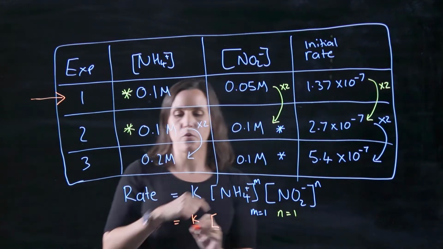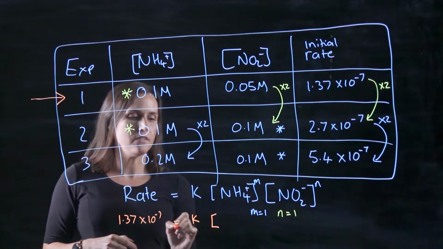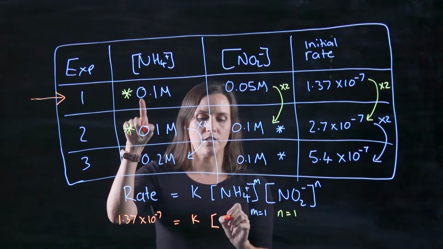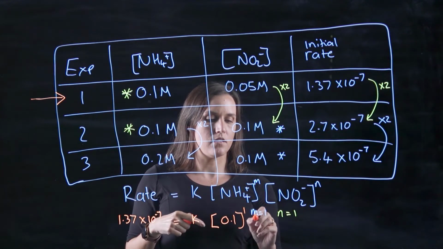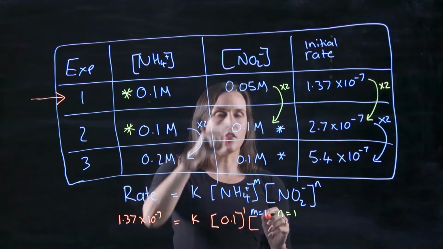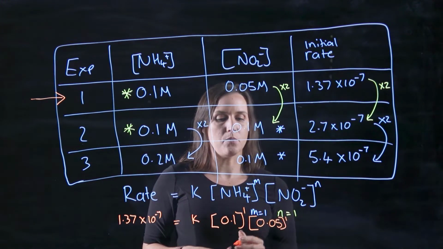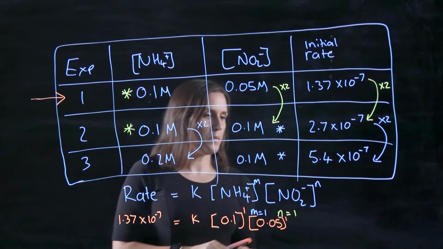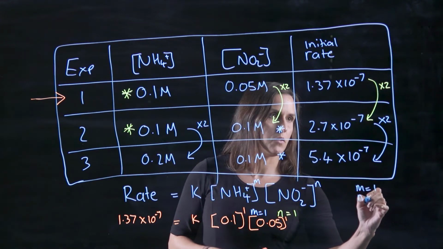The rate is 1.37 times 10 to the minus 7. The concentration of NH4 is 0.1, and the order is first. And then the concentration NO2 minus is 0.05 to the power of 1 because it's first order. So let me write the M equals 1, N equals 1.